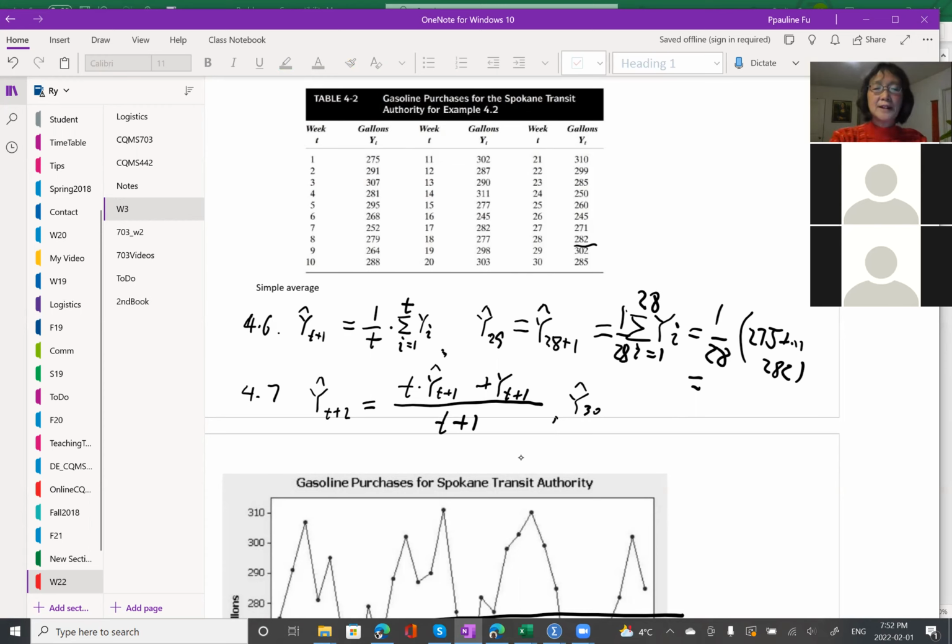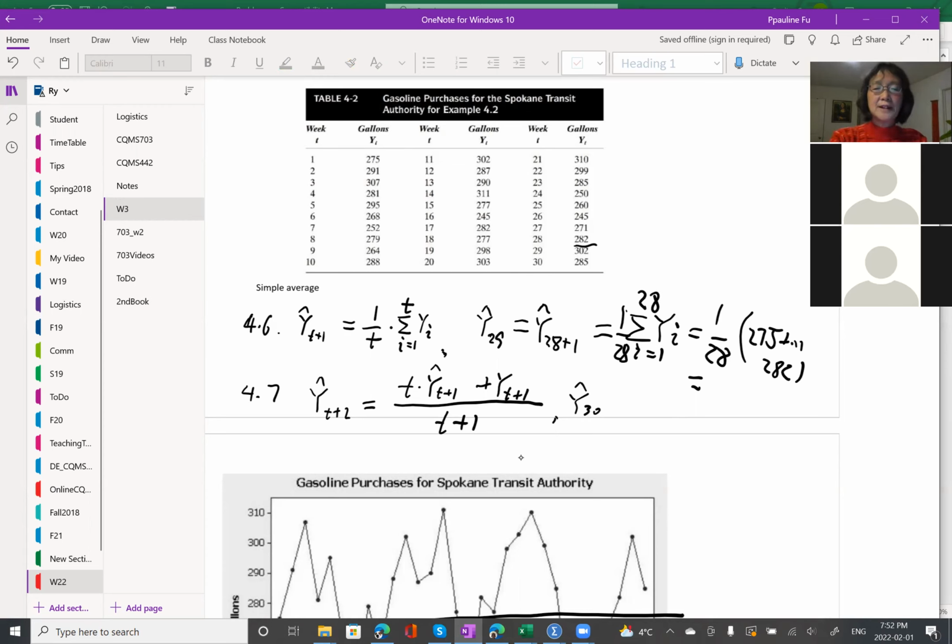So this is week 28, and I have to forecast for week 29. I put the result here: equal average. Week 1 is 275, week 28 is 282. This time it is correct, right? Yeah.